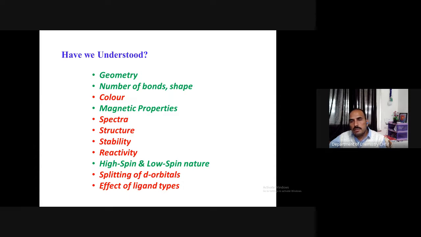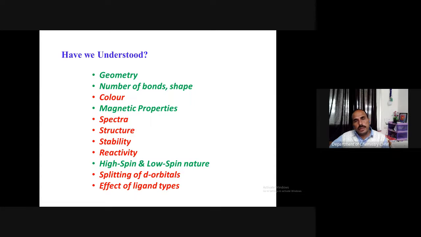For the color, you simply can't just say that whatever light is absorbed, the corresponding color will be there. We know that sometimes the color of the same compound is different just by changing the nature of the ligand. Why does that happen? Sometimes there is one band in the spectra, sometimes there are two bands. Those things need to be explained.